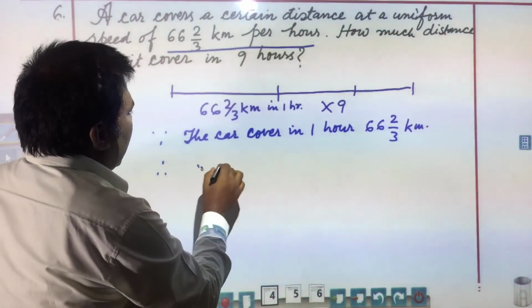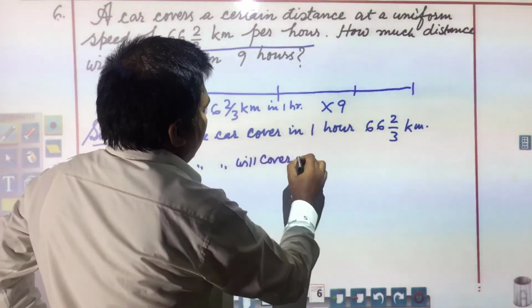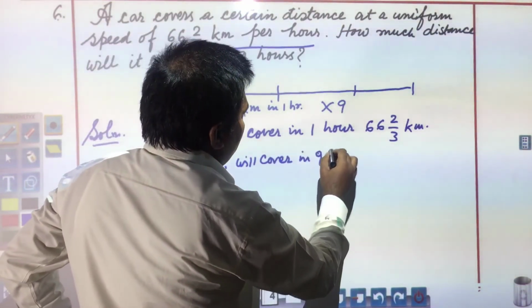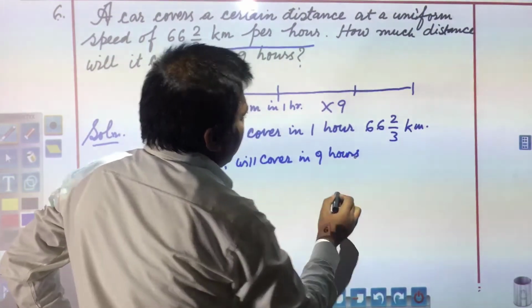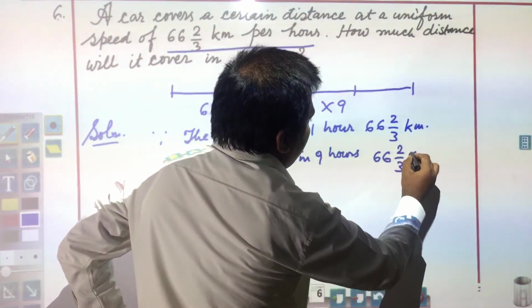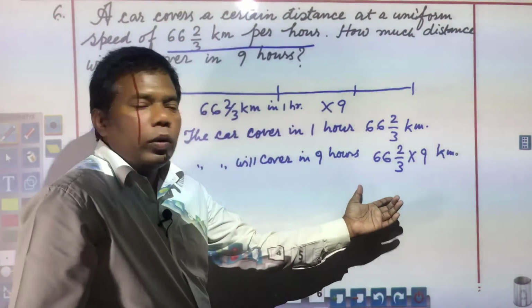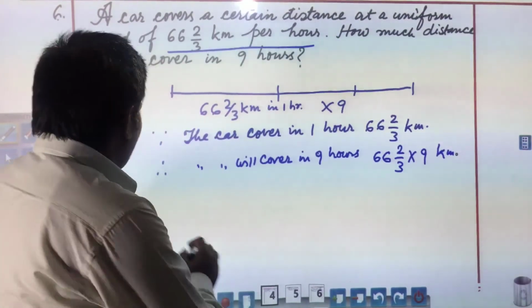Therefore, the car will cover in 9 hours how much distance? 66 whole 2 by 3 into 9 kilometer. So, you need to multiply this. How will you solve this?